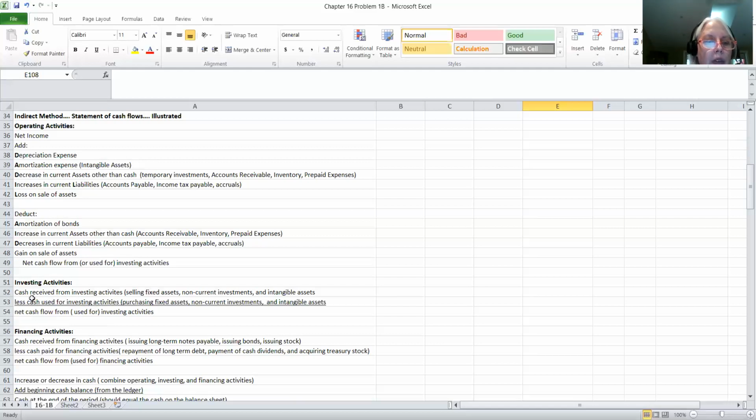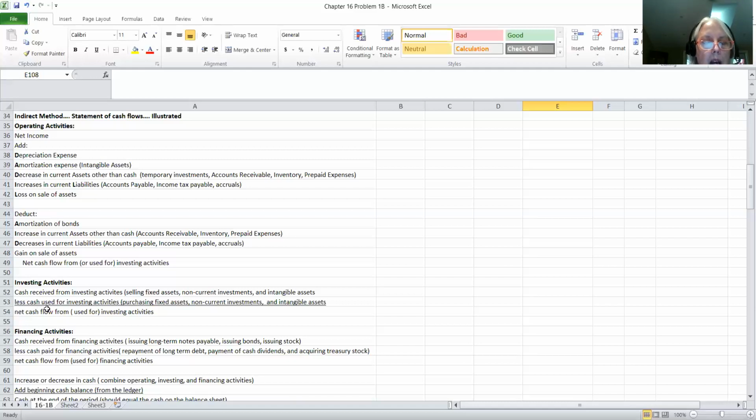If you are selling any of your investments, you're going to be receiving cash. The cash would be recorded under the investing activities section of the cash flow statement. If you are purchasing any plant assets, long-term assets, non-current types of assets, if we use cash for that purchase, it's going to go under the investing activities section.